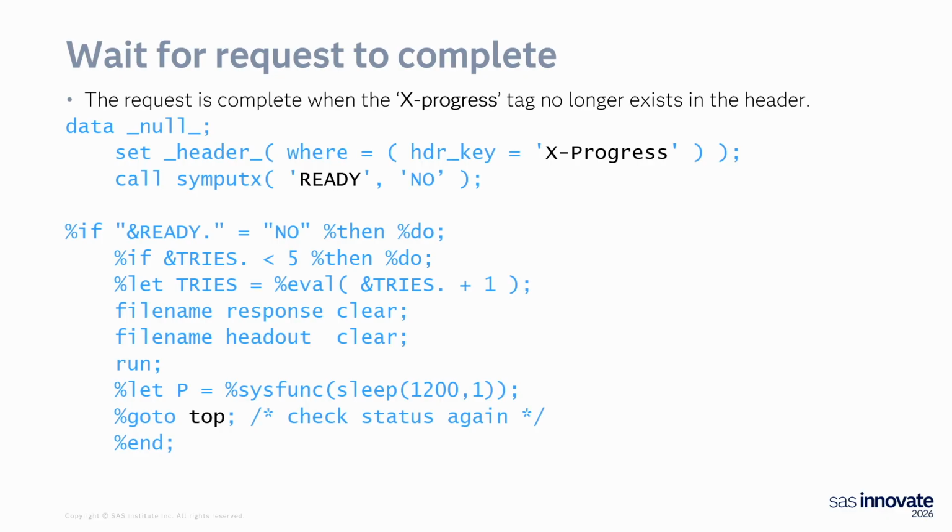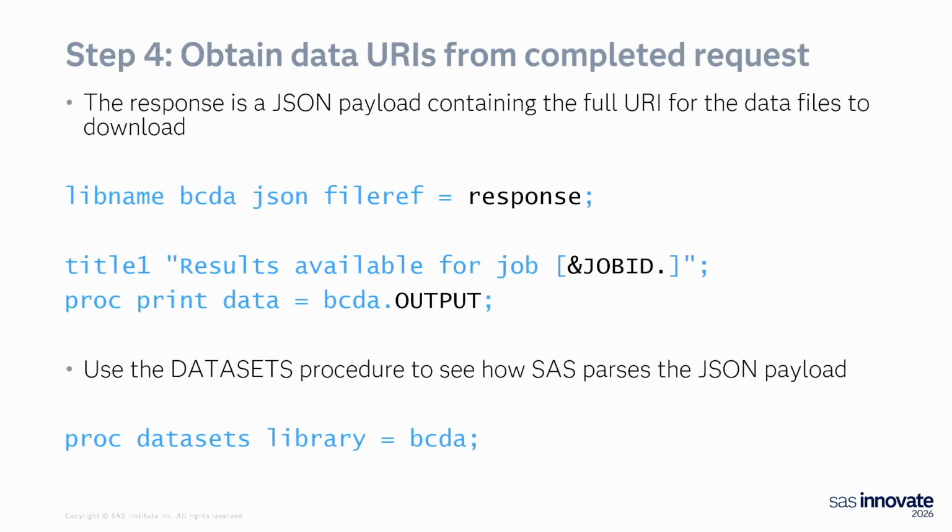We do get a point where the job is done, and now we can actually go request the data. So when the job is done, the response file will actually have something in it, and not surprisingly, it's a JSON payload. Using the same trick, we will now create a libname called BCDA.